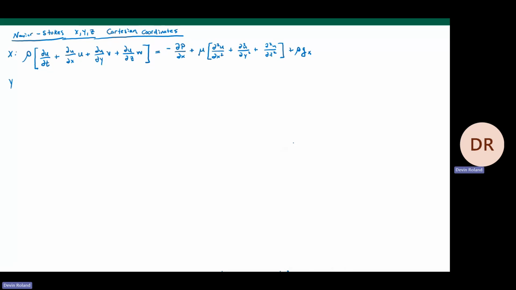Like I said, y and z are very similar. Basically the only change is we have y gravity, pressure gradients with respect to y, and then instead of those u's in the numerators, we get v's, because now we're looking at the y velocity v. This is stuff you all probably know, but it's just good reiteration.